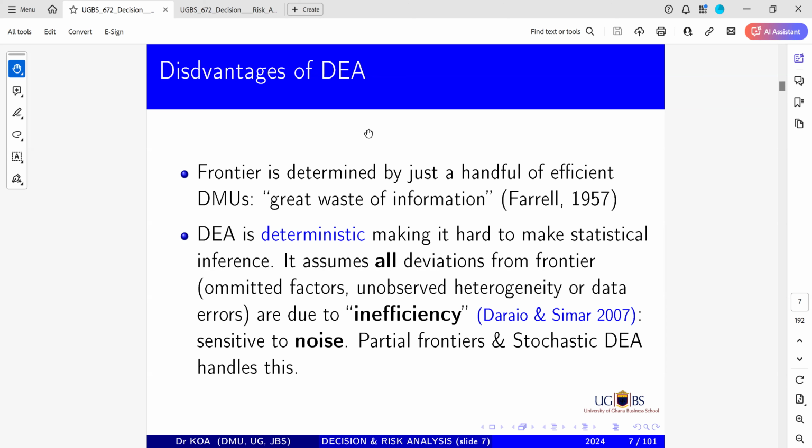Another kind of disadvantage is that DEA is deterministic. It is non-parametric, don't forget. So you don't use a parameter. Like in regression, you estimate the coefficients, the parameters, the estimates. You estimate them, and then you get a value for them.